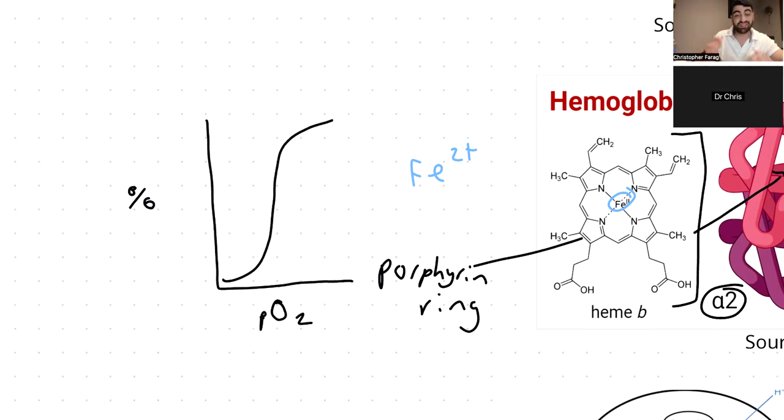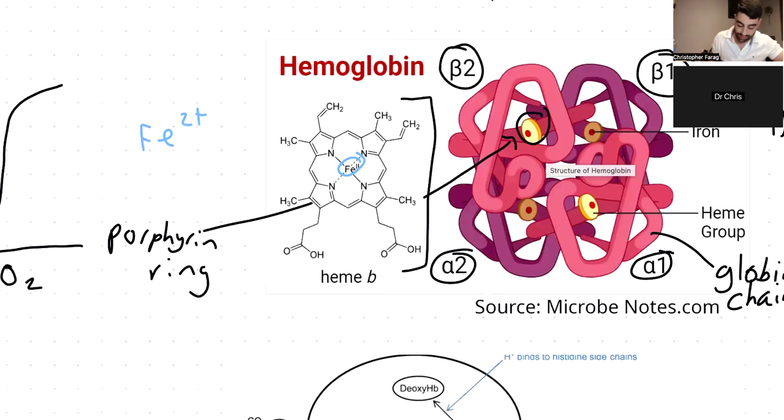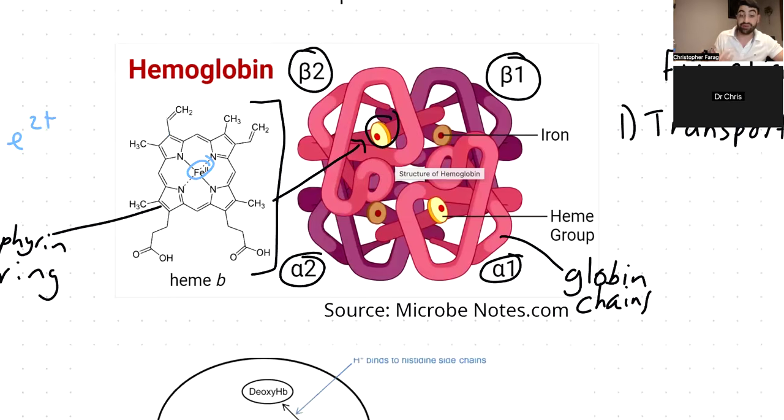And there are different factors that can affect how tightly oxygen will bind to hemoglobin: pH, carbon dioxide, temperature, this protein called 2,3-DPG. But essentially, there are multiple factors that allow hemoglobin to bind to oxygen and then also deliver it later on in peripheral tissues. Perhaps we'll go into more detail in another video. Yeah, this is essentially how RBCs or red blood cells carry oxygen around the body.